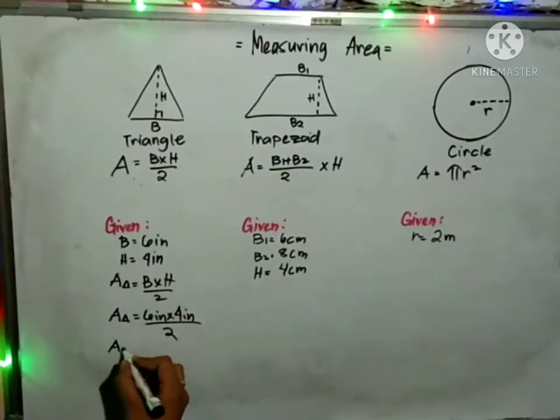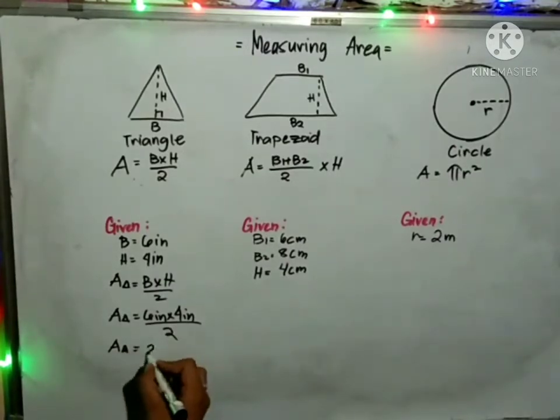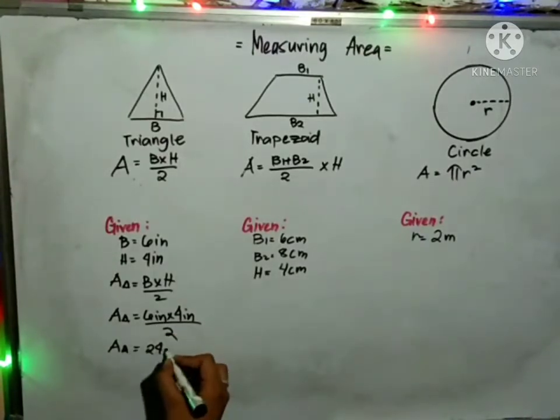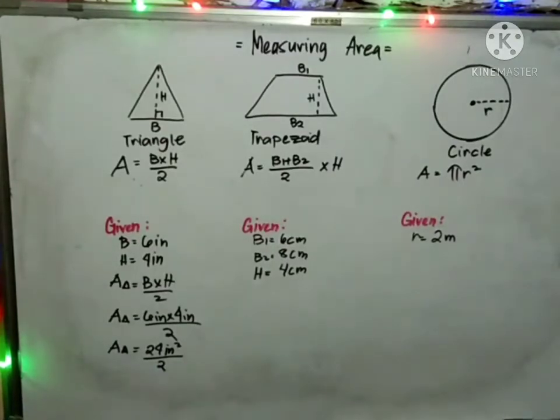So, area of the triangle is equal to 6 times 4 is equal to 24 inches times inches is equal to square inches divided by 2. And area of the triangle is equal to 12 square inches.